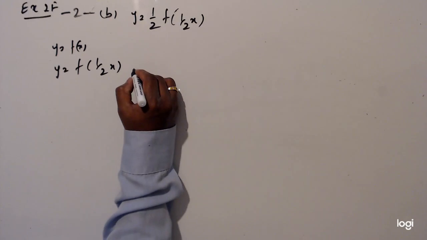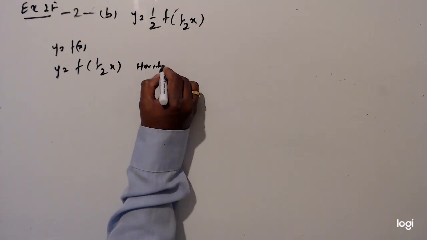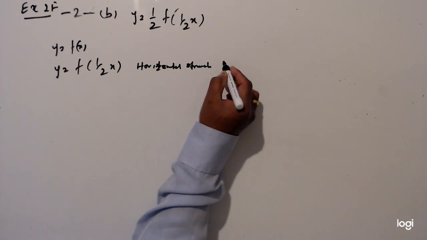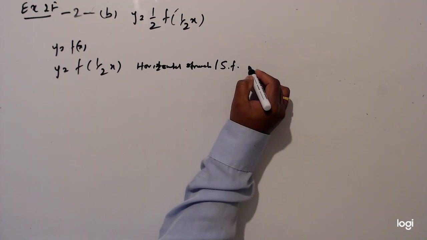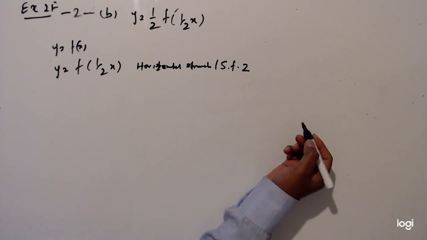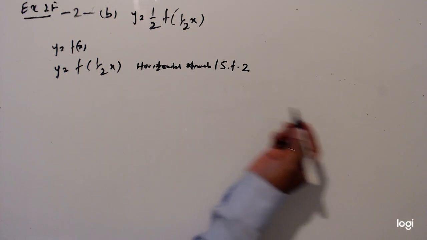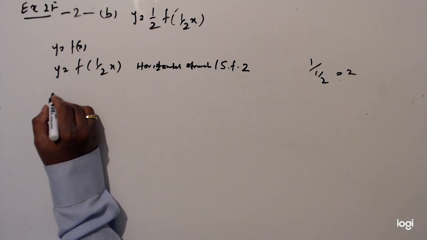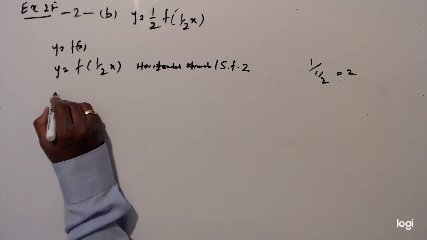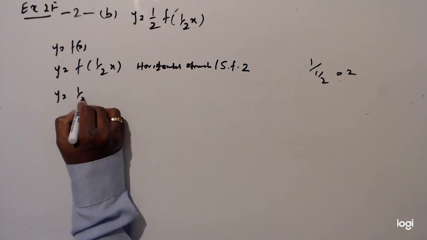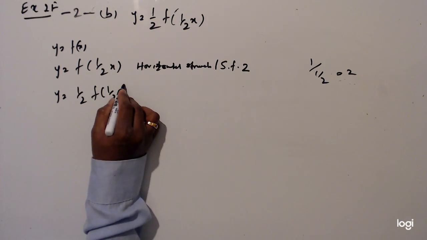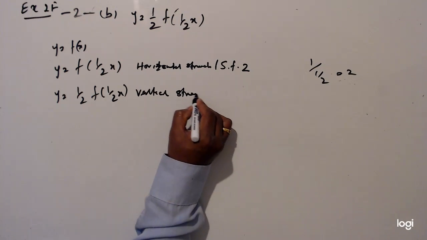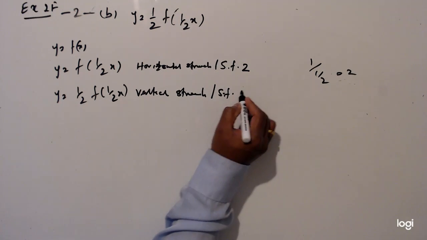So this is a horizontal stretch, scale factor of 2, because 1 over half is 2, and then y equals half times f(half x). Now this is a vertical stretch, scale factor of half.